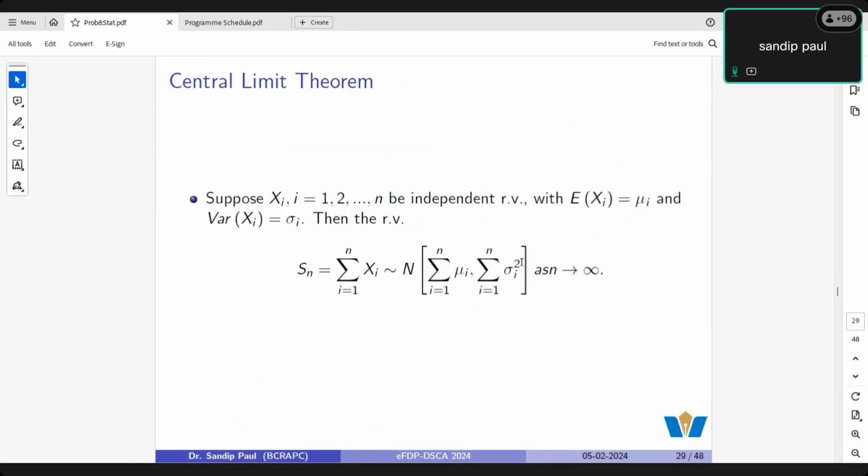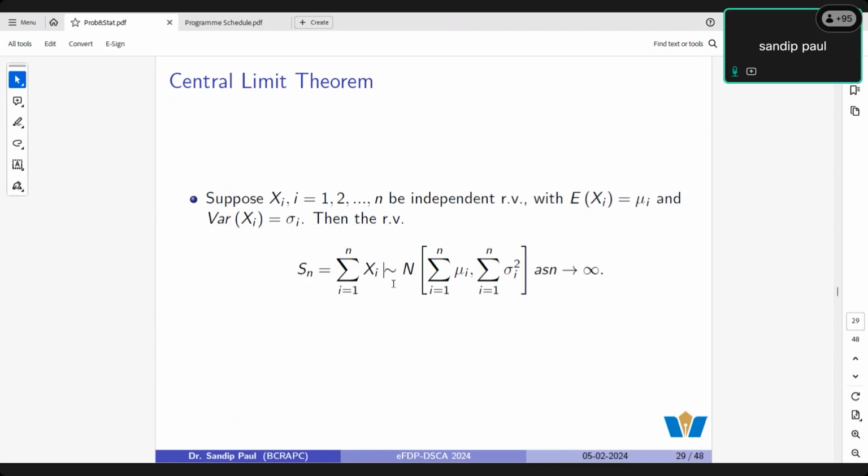Now, a theorem we have to remember always, as we are dealing with multiple random variables. We have considered 2 random variables; suppose there are n independent variables. If the xi's are independent and the expected value of xi is equal to mu i and the variances are sigma i's, then suppose another variable which is the sum of all these random variables, that means x1 plus x2 up to xn.